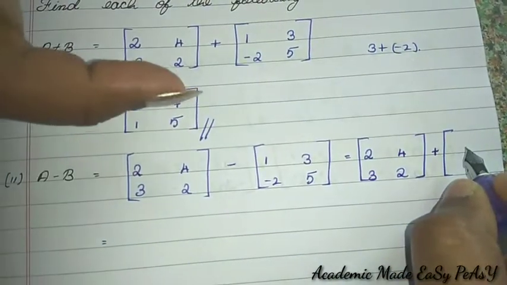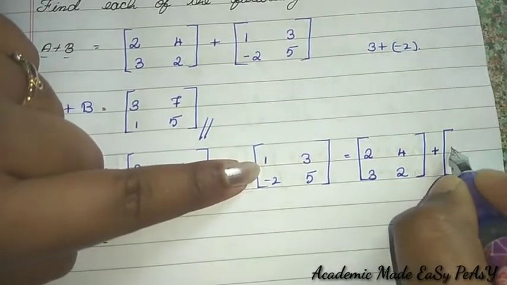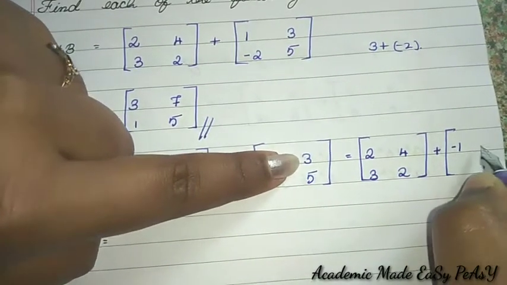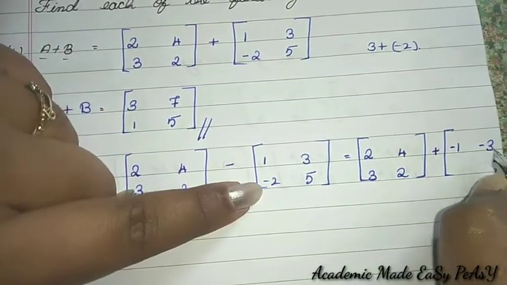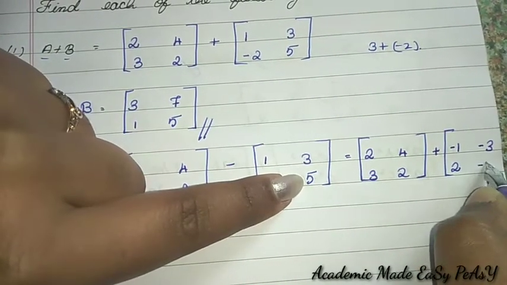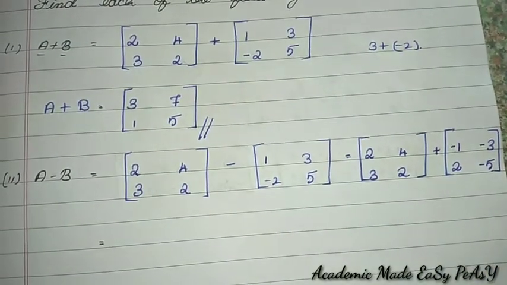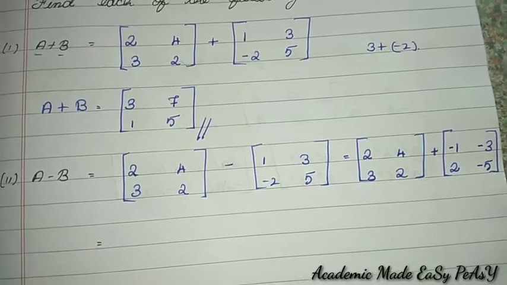So my positive numbers will become negative and negative to positive. So 1 will become minus 1, 3 will become minus 3, minus 2 will become plus 2, and plus 5 will become minus 5. So this is a standard form for subtracting matrices.